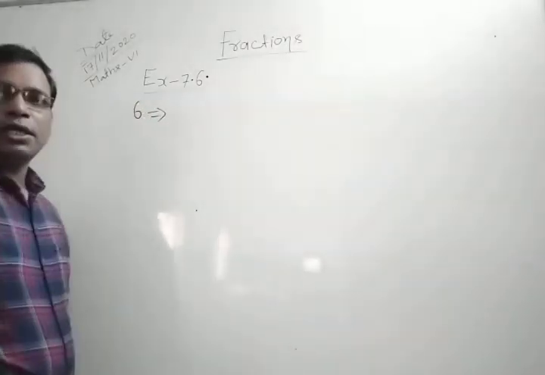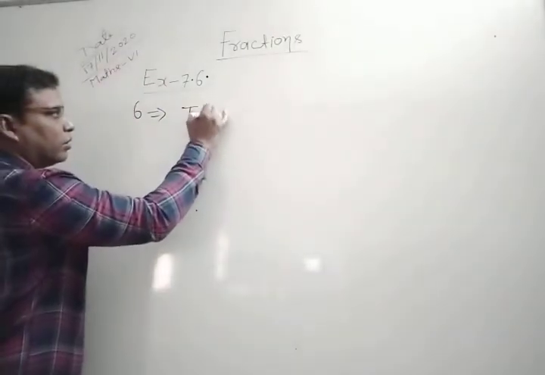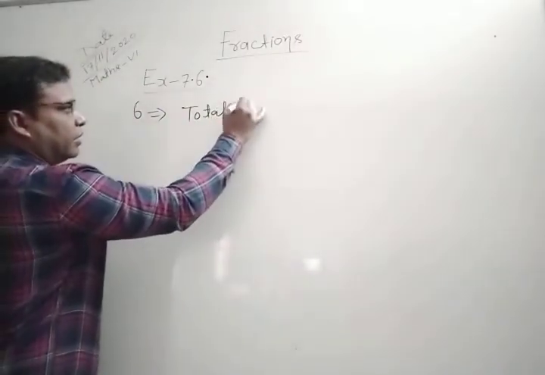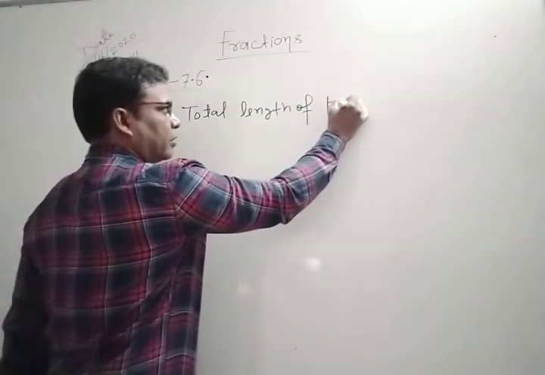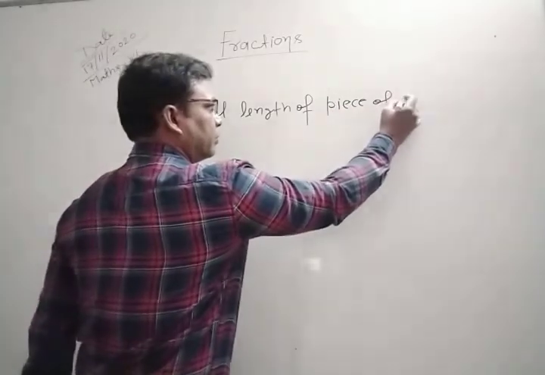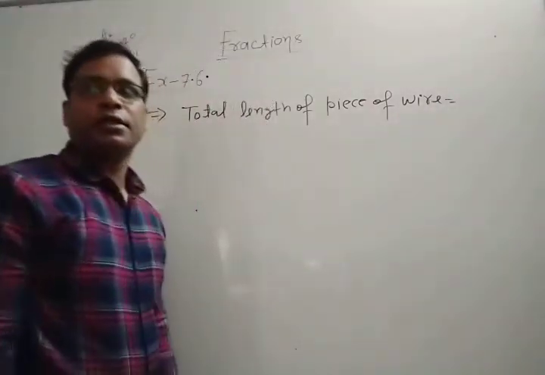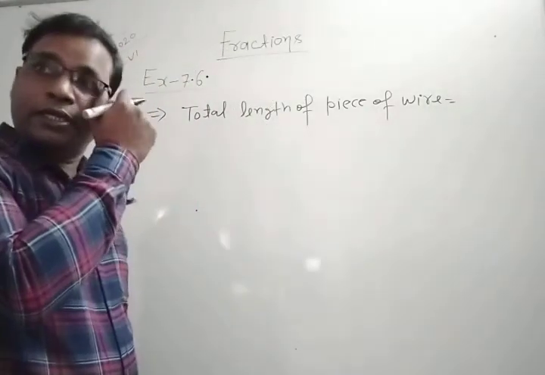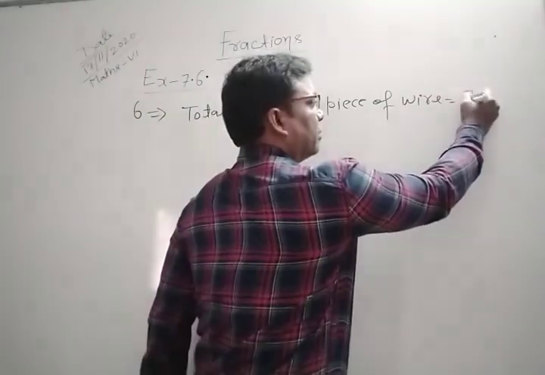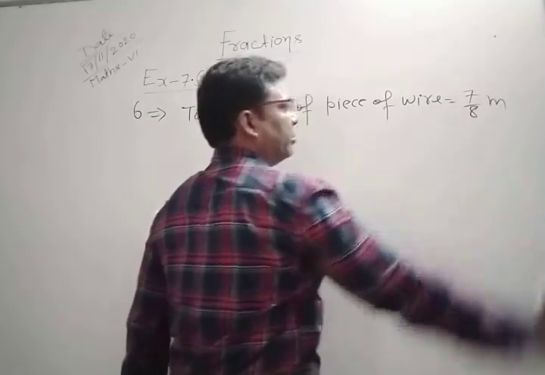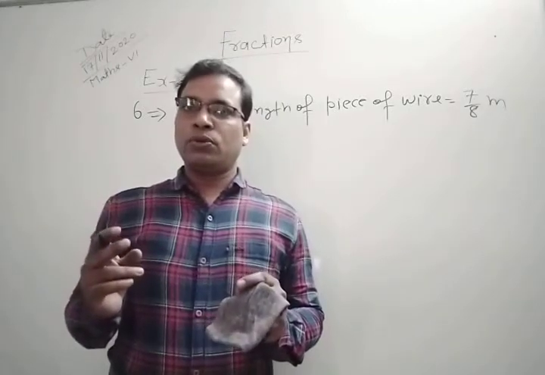You can write here: total length of piece of wire is given here as 7/8. This piece of wire broke into two parts.